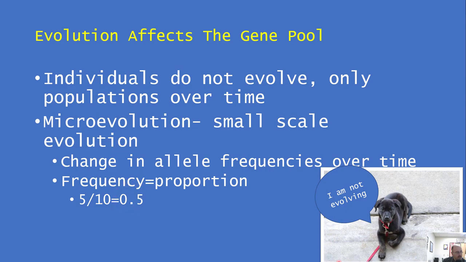Okay, that's what we mean by frequency. 0.5 would indicate that 50% of the individuals in that population essentially have that allele. That's a rough definition, but we'll refine our definition as we go.